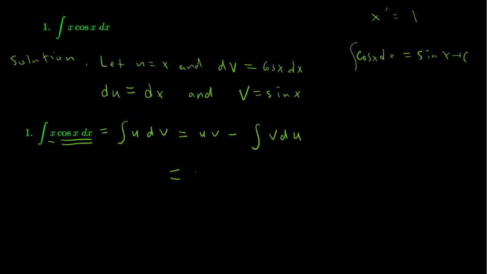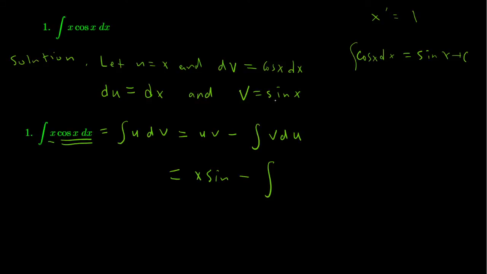Okay. U times v minus v du. Now let's look at v du. You're going to see the integral is simpler. V is sine of x. Du is just dx.